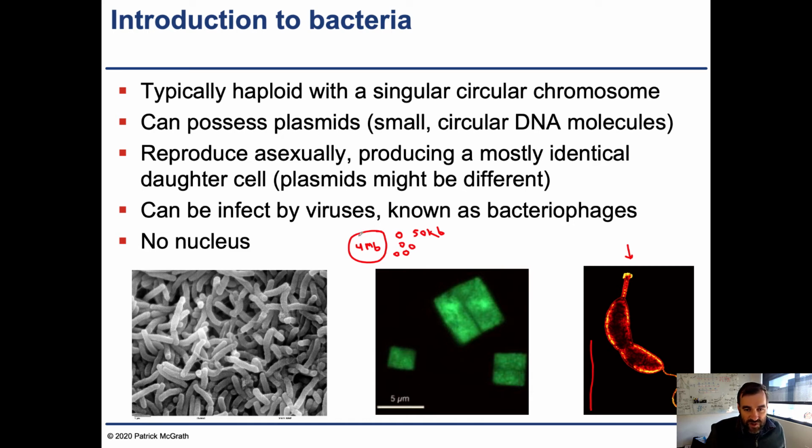So DNA is organized in this way, and bacteria also reproduce asexually. They don't have to have sex with another member of their species. They don't form gametes, and instead they reproduce asexually, producing a mostly identical daughter cell. Plasmids again might be different, but each cell will have the exact same chromosome.